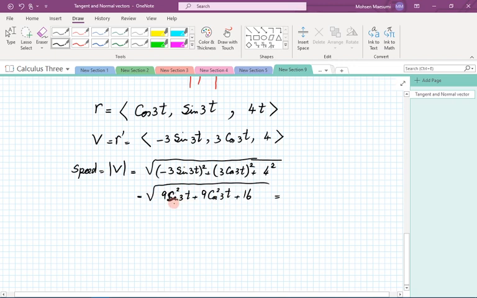What's this total of 9 sine square plus 9 cosine square? Of course, it's 9. So 9 and 16, and isn't that lucky that everything just so nicely comes out? And the most important thing is that speed is a constant. So if you're traveling on this spiral according to this formula, your speed is a constant.